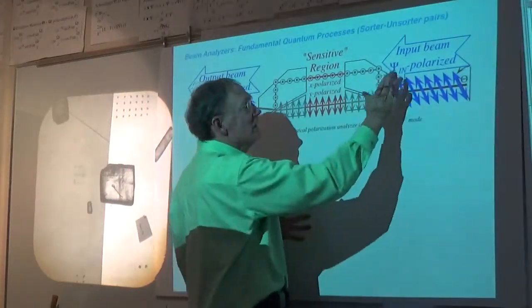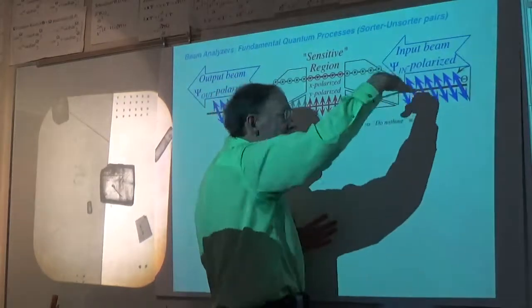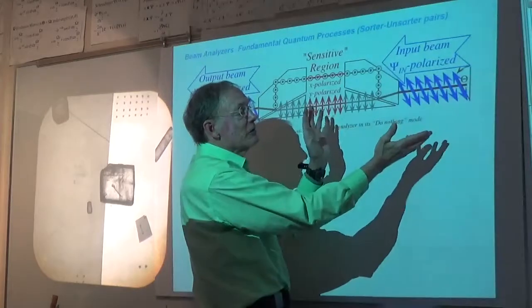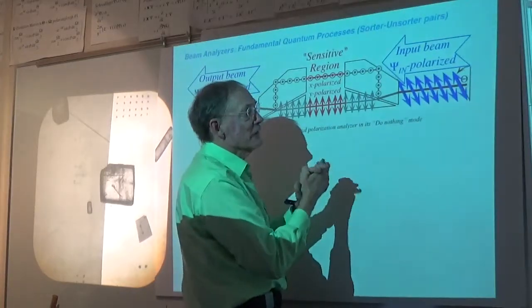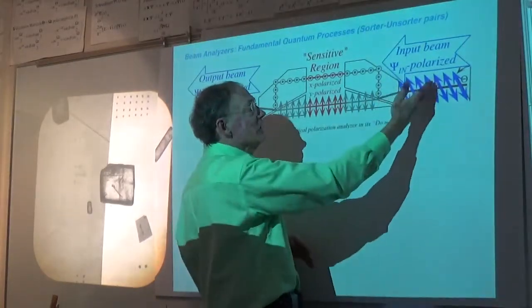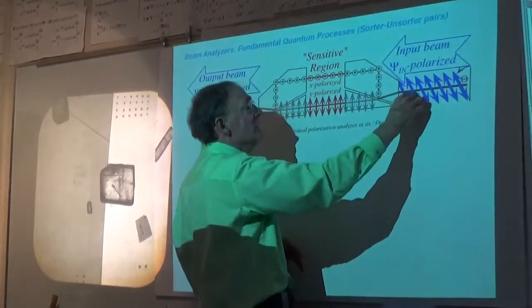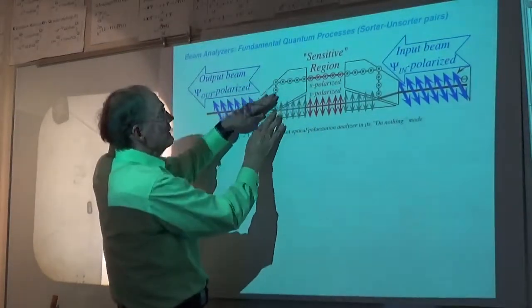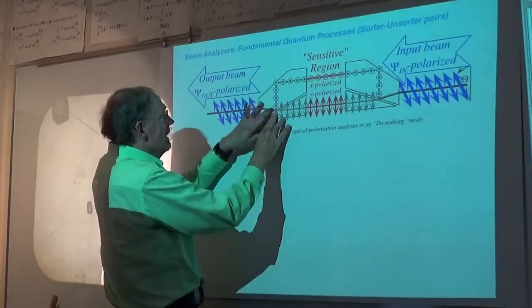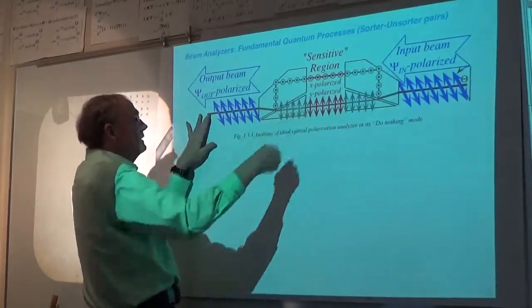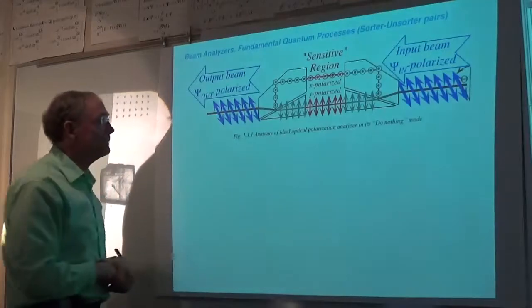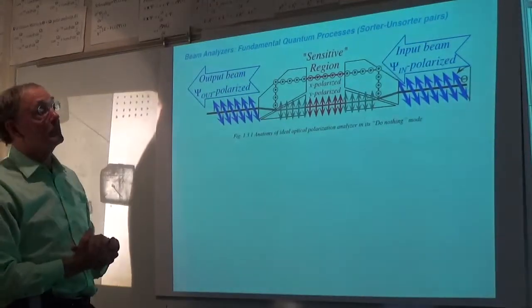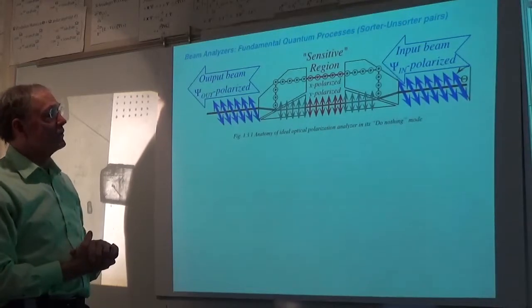Pick any polarization, any angle, any ellipse. A general state of polarization can come into this, go the separate ways, and then recombine and give you exactly what you put in coming out.